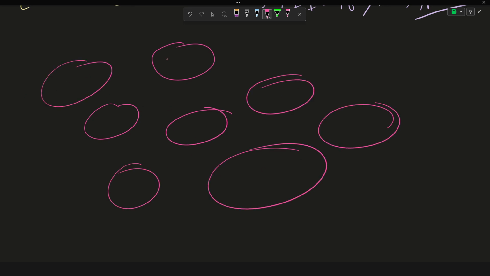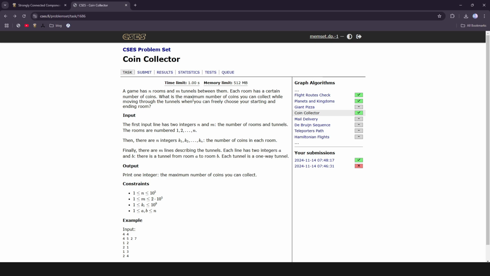Each of the components would have been containing some nodes, and each node was containing some coins. So suppose this component contained a total of X coins, Y coins, Z coins, A coins, B, C, F, G coins, right? In the question, if you see what has been asked, it has asked us to find the maximum number of coins we can collect while moving through the tunnels, right?